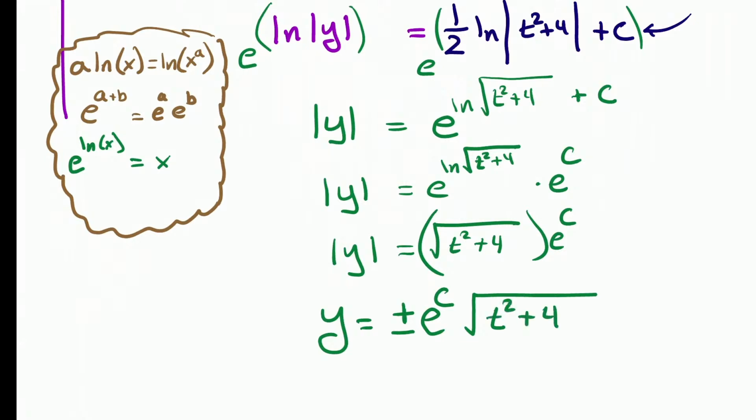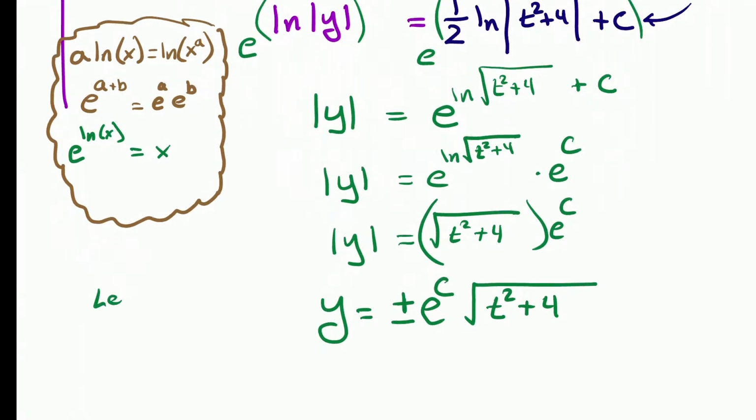Now for my renaming of the constant. So let's say that you decide to name the constant this. This is a constant, either your positive e to the c or your negative e to the c. Whatever your constant is, it's this. I'm just going to rename it. I'm going to say let c1 equal whatever you got for your constant.